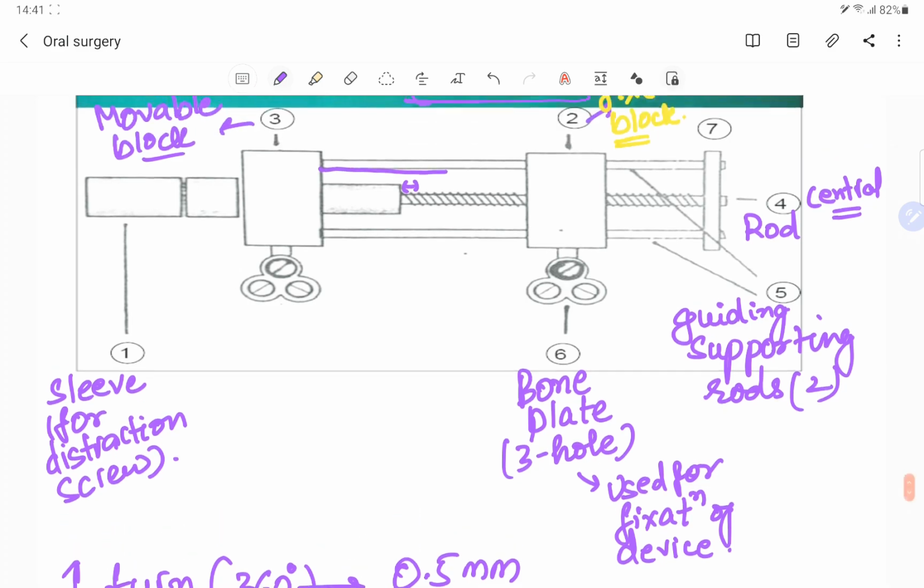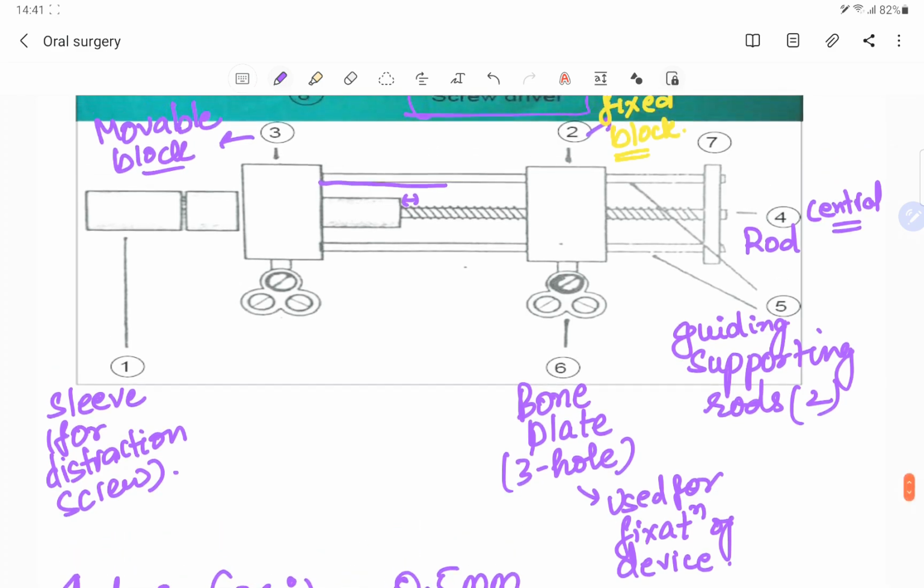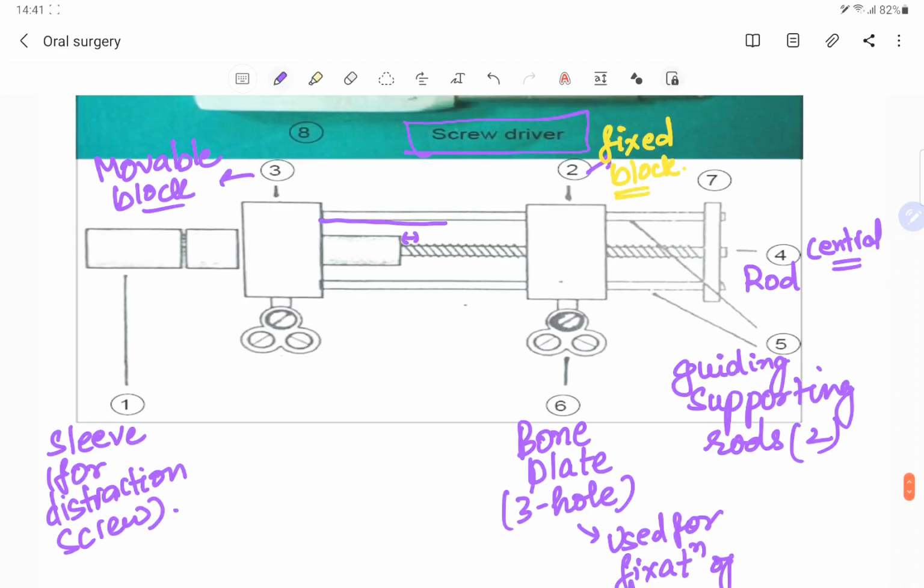So the seventh one is the stabilizing plate, holding the central rod and the guiding rods together. So as you can see up over here, this plate is basically holding the central rod, and also holding these two parallel rods, right.